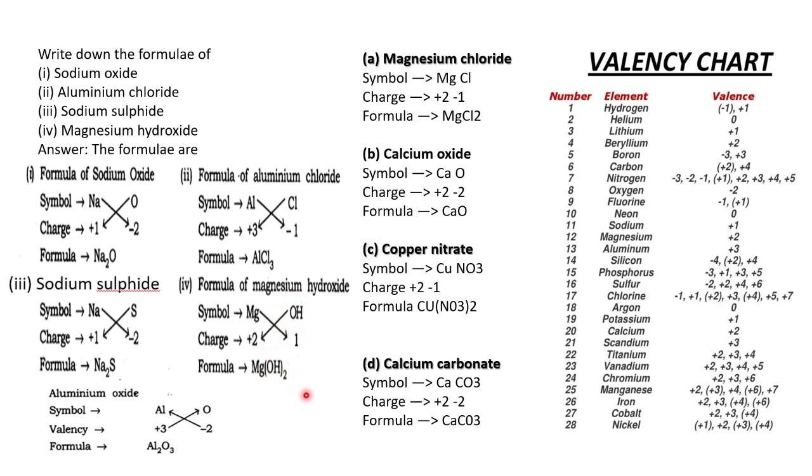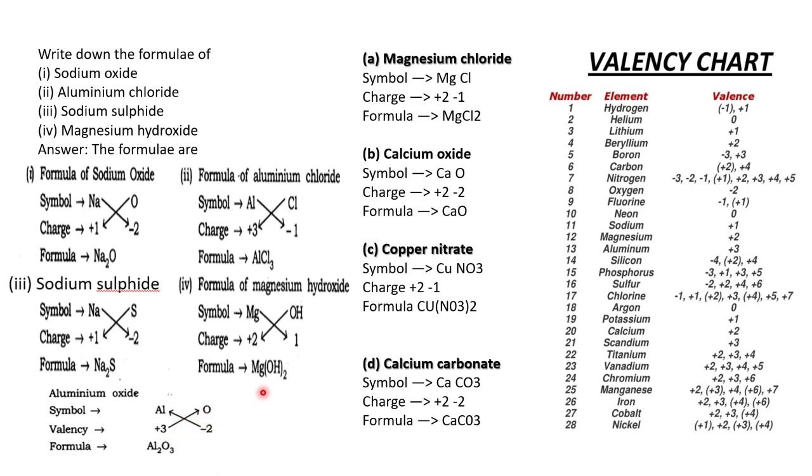If it is only one, it is Na2, isn't it? So this I am writing within the bracket. This is called OH twice, or 2 times. Aluminium oxide: aluminium Al, valency number 3, and oxygen O, valency 2, so Al2O3.